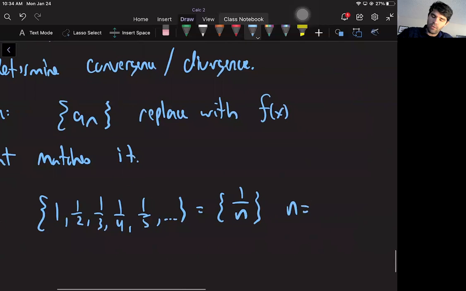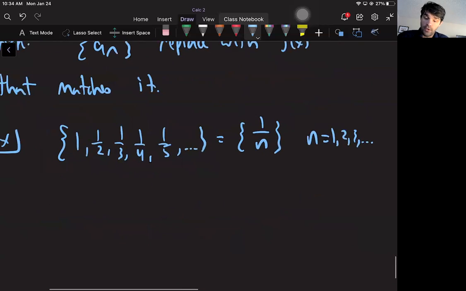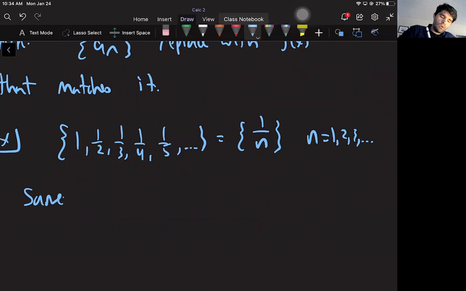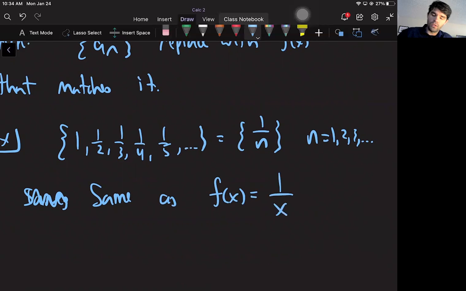where n starts at 1. So that's the same as this function, where they match what you plug in.